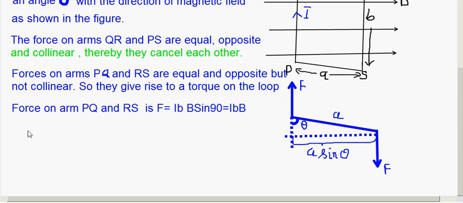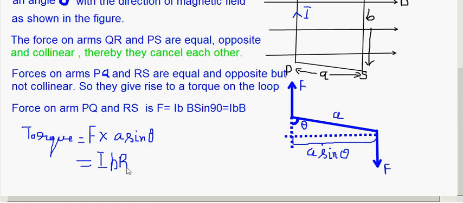Therefore torque is equal to force multiplied by the arm of the couple. Arm of the couple, in this case, is A sine theta. So this is equal to I B into A sine theta.